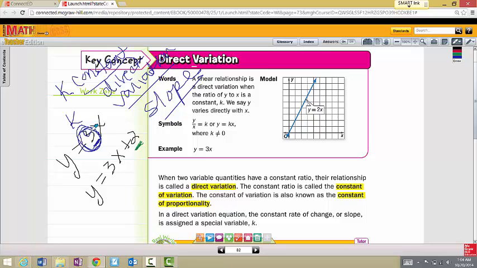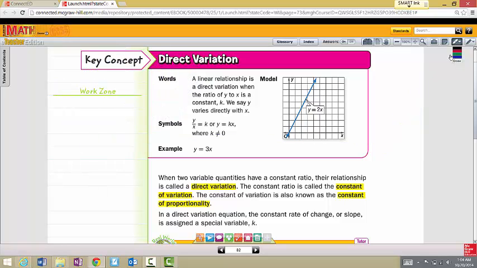So in algebra, you have y equals mx plus b format that you use for an equation. That's the format used most often when you are graphing or creating equations of a line.